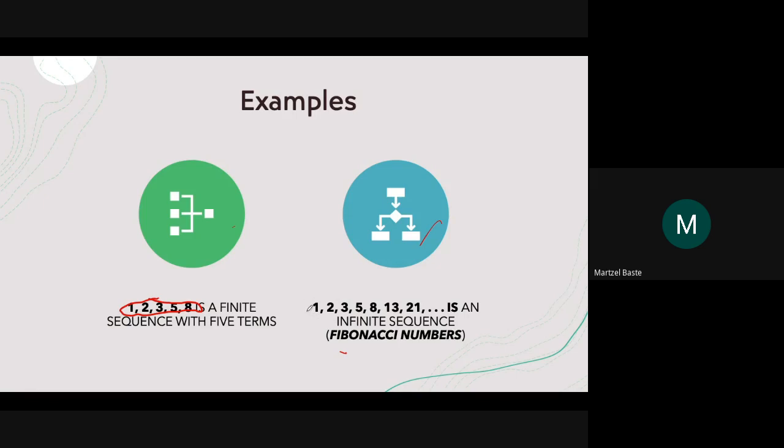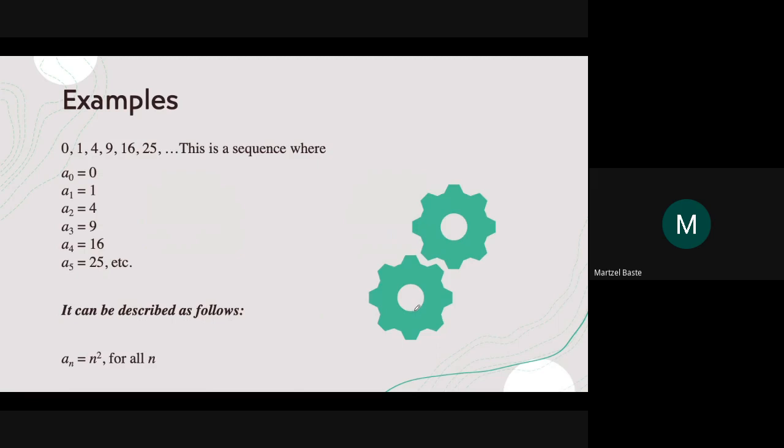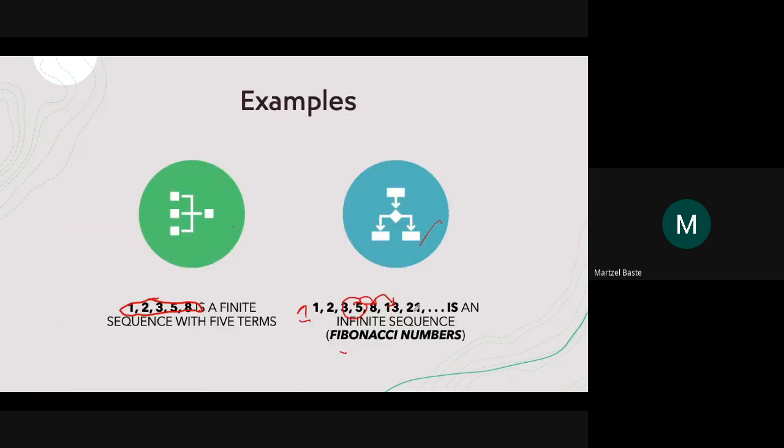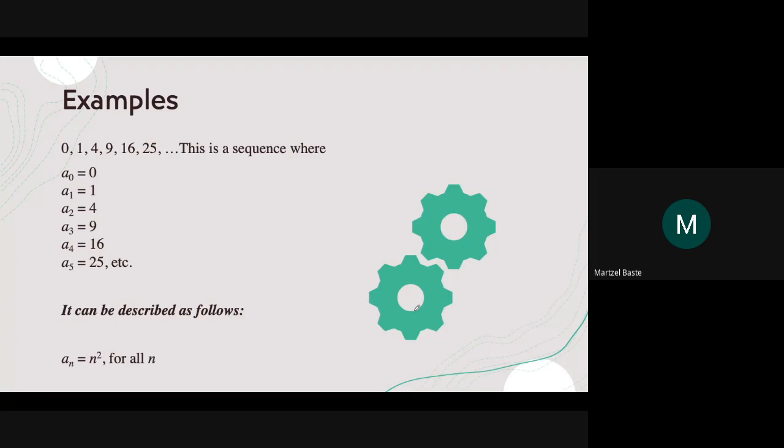So 1, then 1 plus 1 generates 2, and then 2 plus 1 generates 3, 3 plus 2 generates 5, then 3 plus 5 generates 8, 8 plus 5 generates 13, and so on and so forth, of course, to infinity. We're going to discuss that one in module 3. But for now, let's focus on the natural number series.